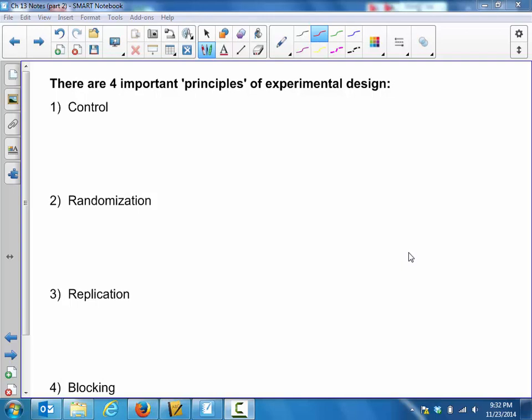The first is control. When you run an experiment, the goal, similar to an observational study, is to see the effect of a factor or an environmental feature upon the response variable, the thing you want to see change. Last time in the first Chapter 13 video, I talked about the influence of milk versus non-milk on height.